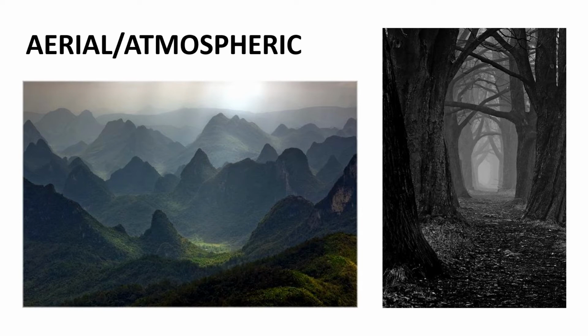But as the distance increases, the details are somehow lost in an image. So if you want to work on atmospheric perspective, you try to employ those two aspects. Reduce the color and reduce the details as the distance increases.